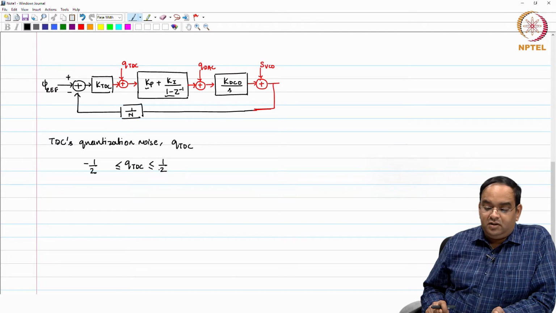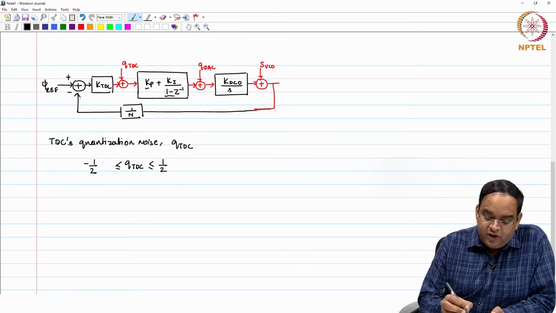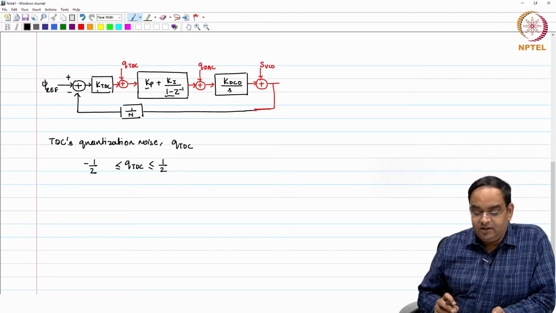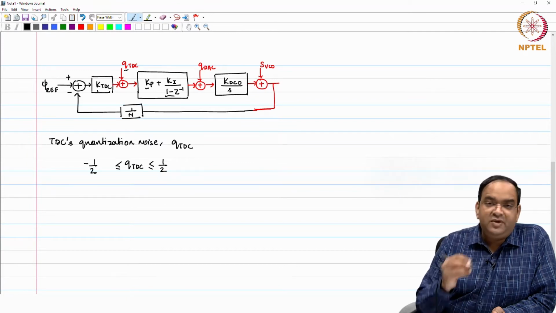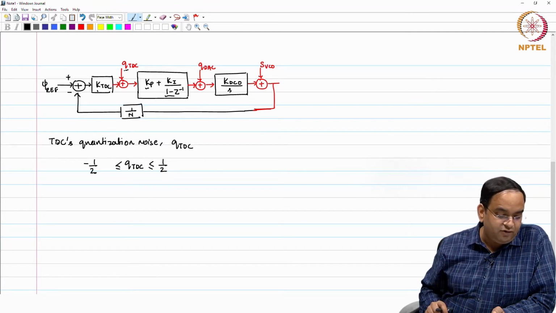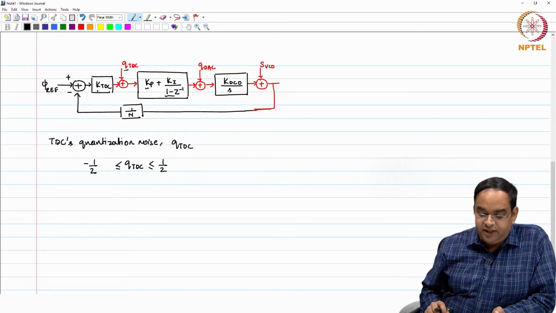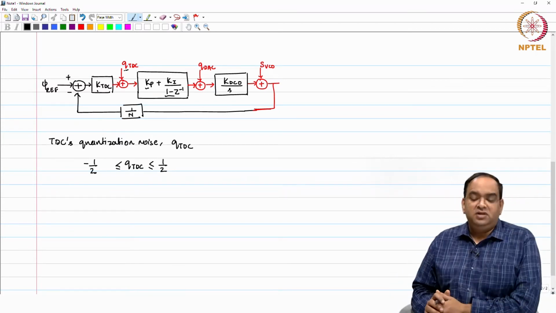So, that is what we have. If you remember from the last session, you have a phase error, KTDC converts that phase error into number of bits, and then you have plus minus half of the LSB, which adds to the output of the TDC. So, this is what you have at any given time, quantization noise is limited.